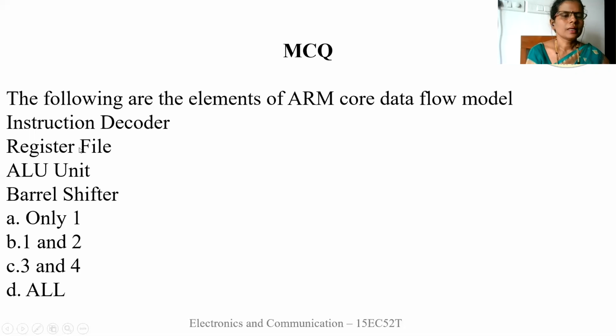Yes, it is there. Register file? Yes. ALU unit? It is there. Barrel shifter? It is there. Then which option is right? Only 1? No. 1 and 2? No. 1 and 3 and 4? No. Or last option is all. All the elements are present which are given in the question. So the right option is option D.